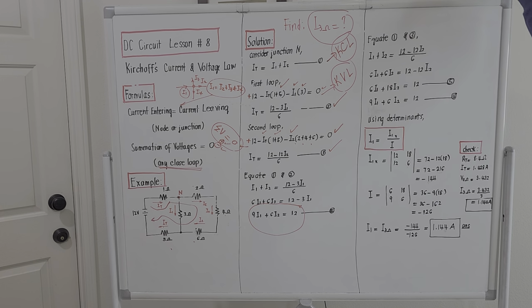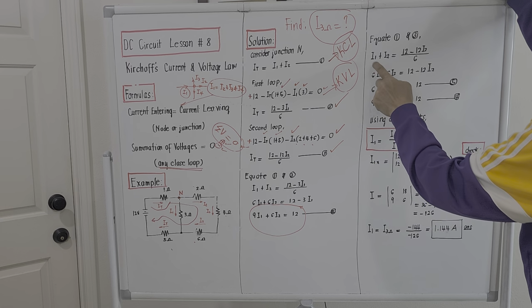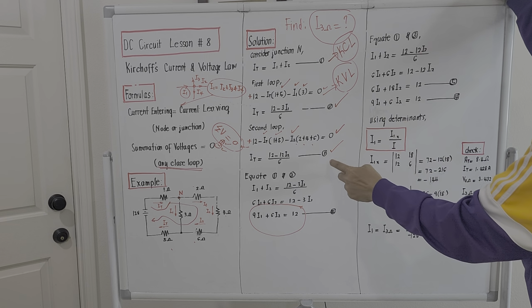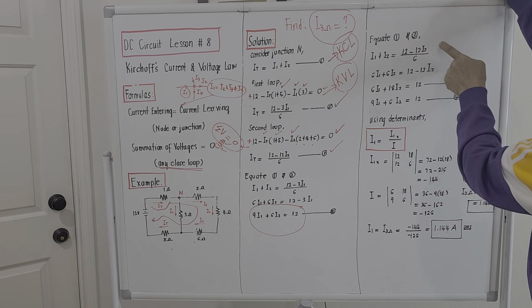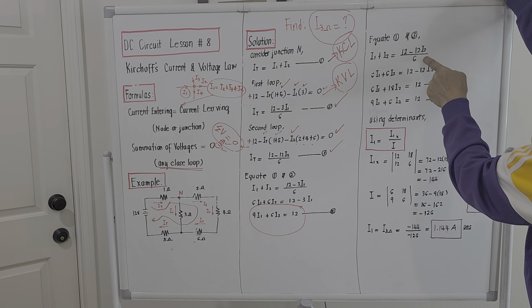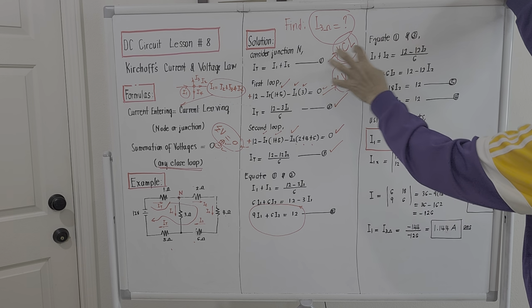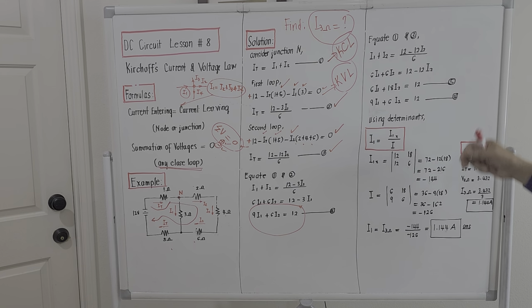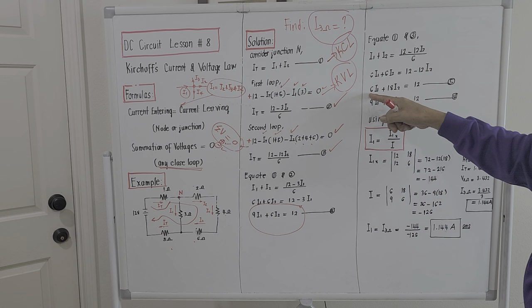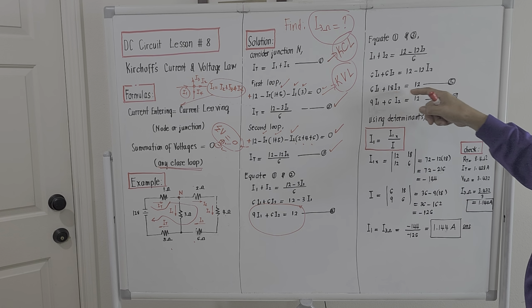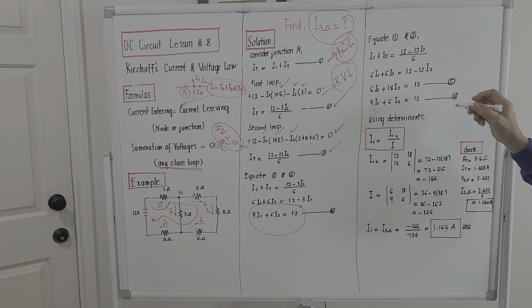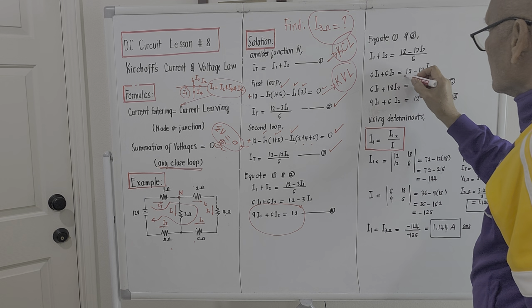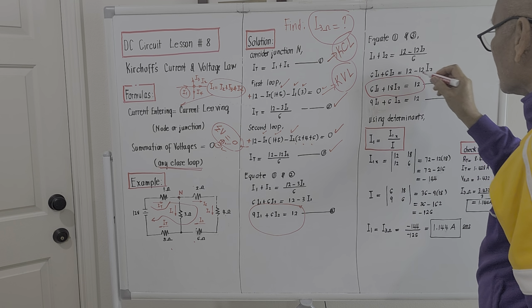Equation number 1, same, I1 plus I sub 2. Equation number 3 is 12 minus 12 I sub 2 over 6. If we simplify this one, the resulting equation will be 6 I sub 1 plus 18 I sub 2 equal to 12. So this is actually the second equation which we haven't used yet.